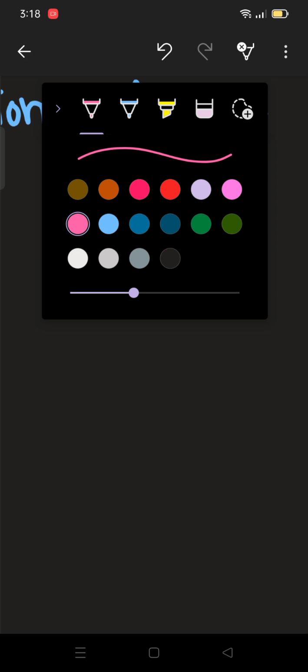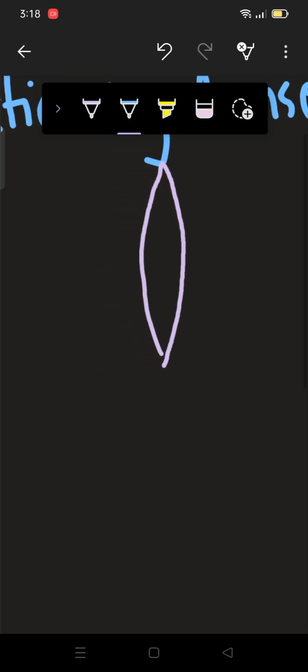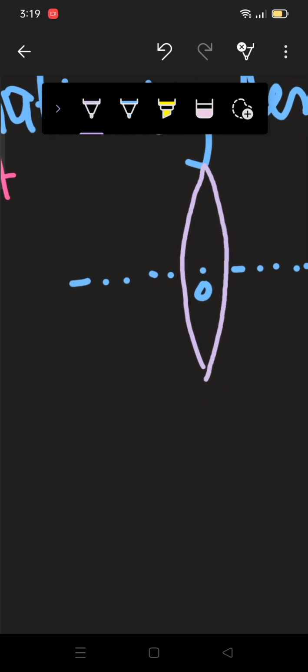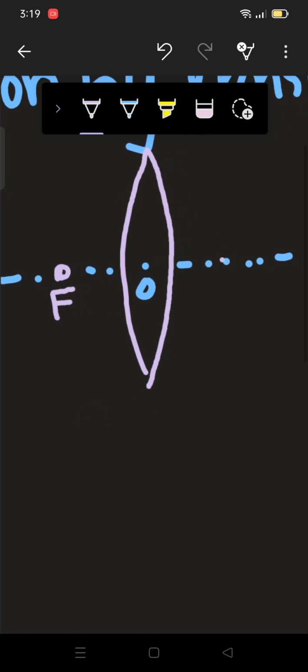You can use a biconcave lens as well. This is the lens. Here we have the principal axis. Here I have the optical center. Here I'll have the focal point, and here I'll have the focal point as well.